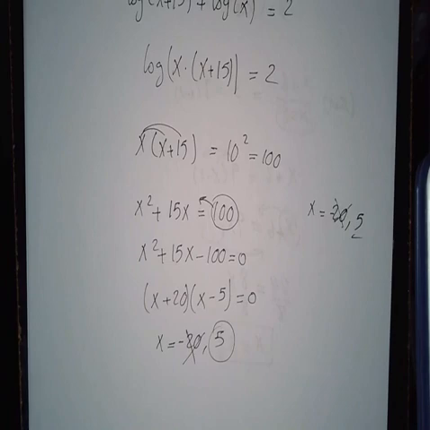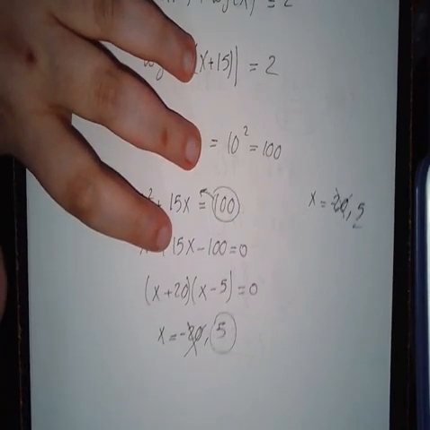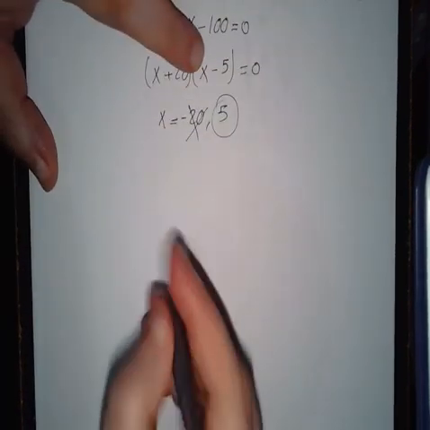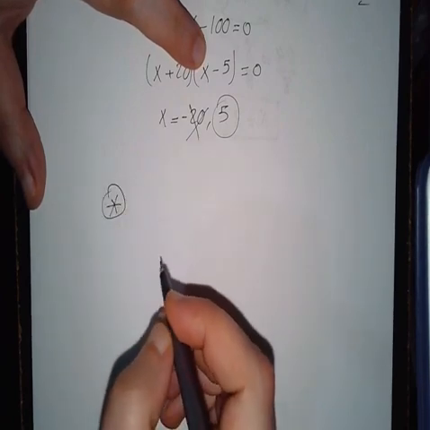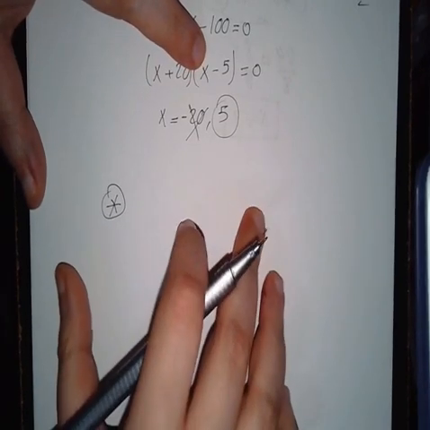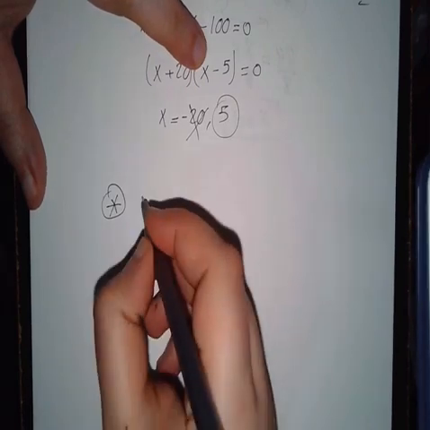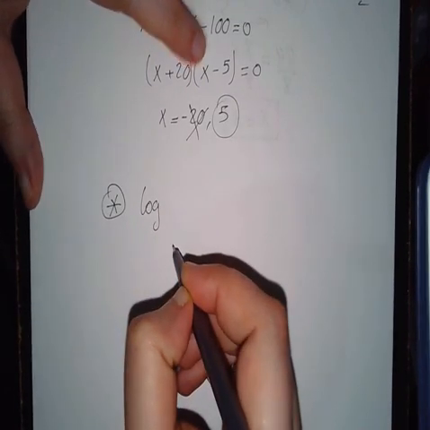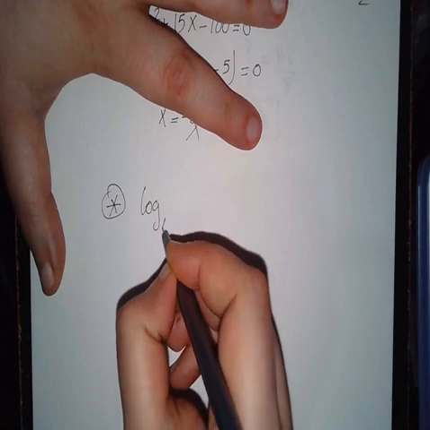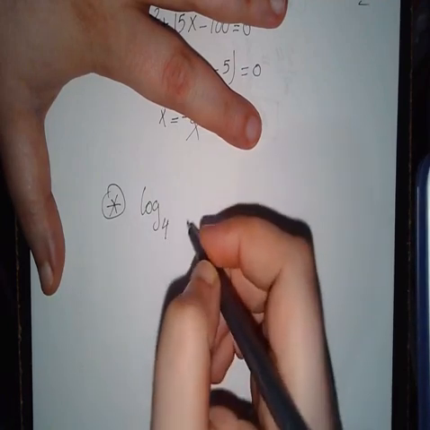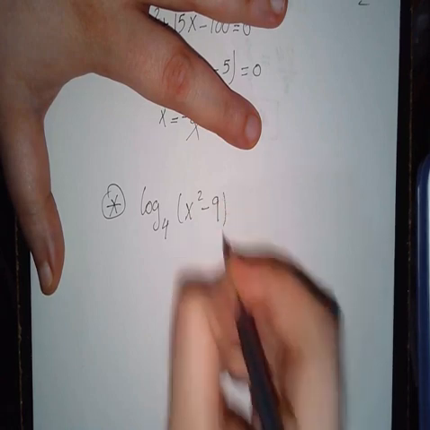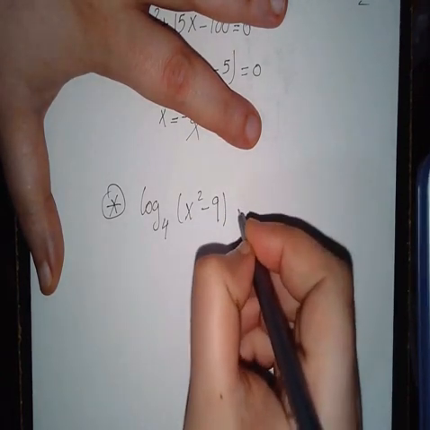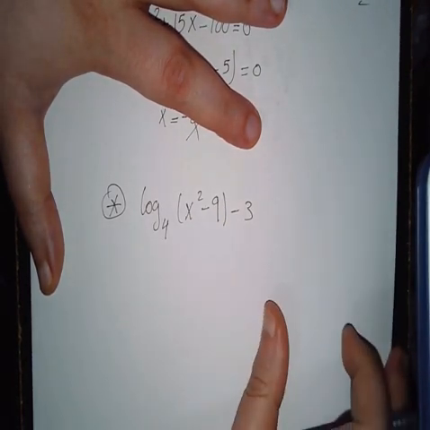Alright. So, in case you didn't get a chance to look at the notes or you just don't want to, I'm just going to write the bonus question right here. Here we go. It's log base 4 of x squared minus 9, minus 3.